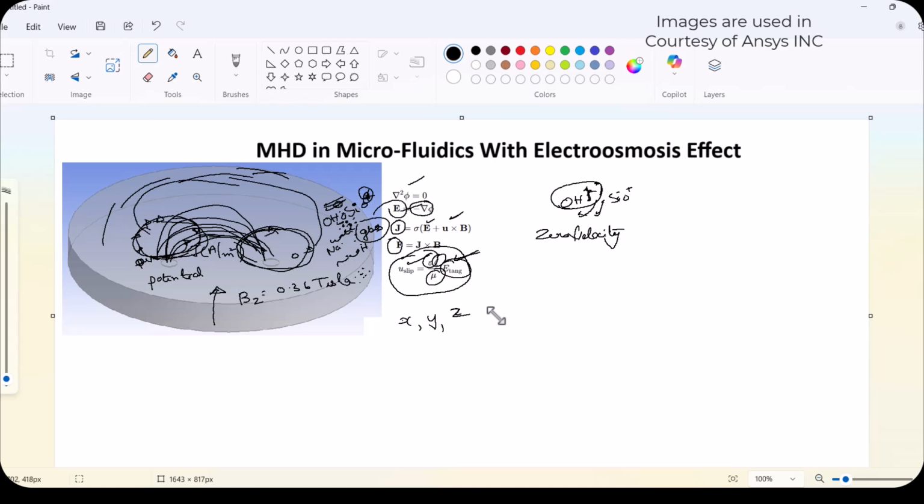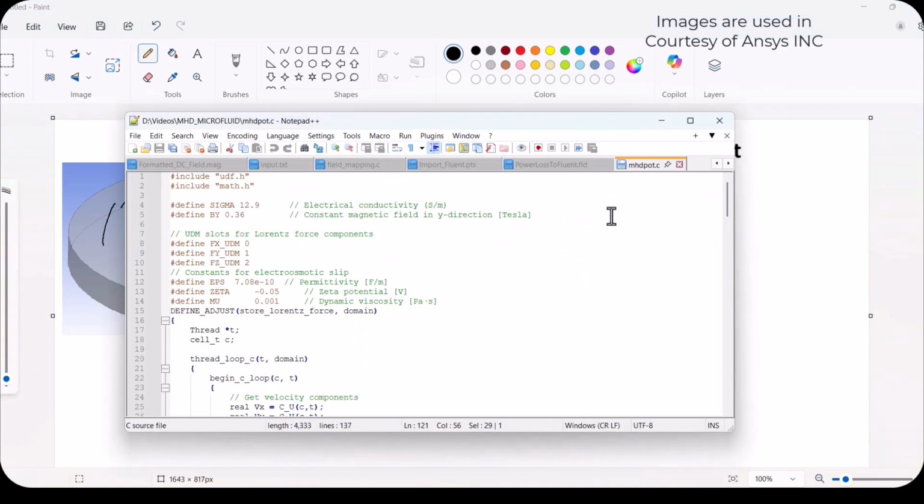So these three would be placed instead of having a zero slip near to the wall, which is regular in ANSYS Fluent, what we do for any other regular conditions. But here we will take it as a no shear rate, or we can say that there is a velocity present near to the wall instead of having a zero velocity of the fluid, right? So these three concepts we need to couple inside an ANSYS Fluent UDF and integrate into the actual simulation to see the effect, right? And the UDF would look like this.